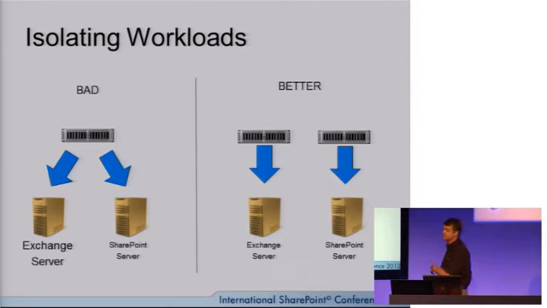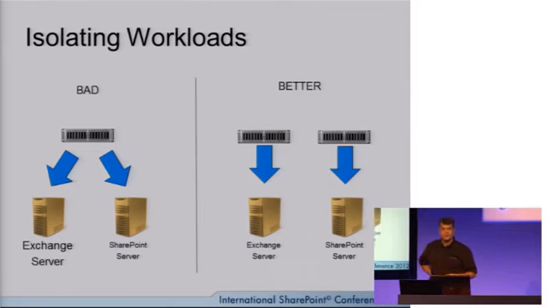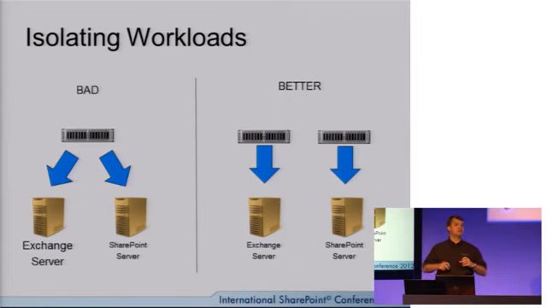Very recently, we had a customer with a very poorly performing search. And we'll show you Wednesday, Steve Smith and I will be doing a capacity planning session, and we'll show you how to monitor for some of these performance counters. What had happened is they had a large disk array that was also running Exchange Server. The storage team had carved up 2 different LUNs or 2 different volumes.